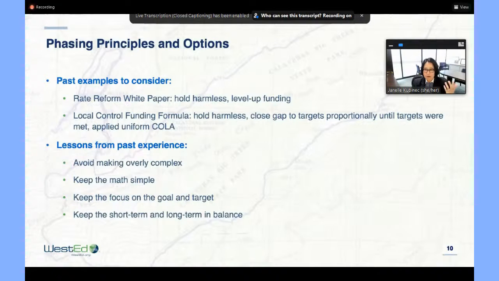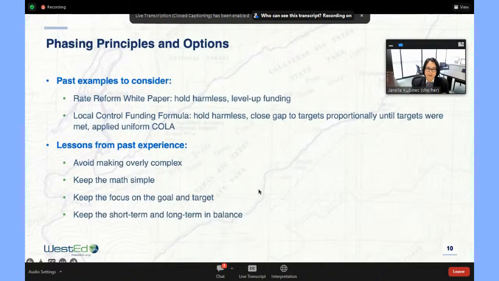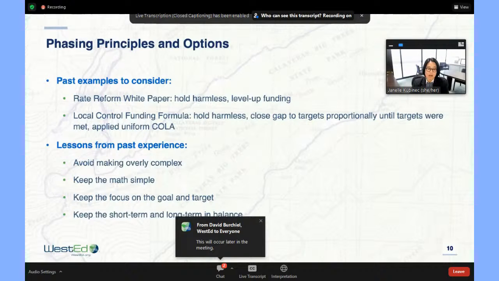So, the rate reform white paper. What it said was, let's hold everyone harmless to start with. So this is not a redistribution formula where we start by taking away anything. What we're looking at is how do we build up? The second part, building up, was that we're going to level up funding through a couple of mechanisms. One was to support alignment, so needing to look at how the age groups were aligned across program standards.